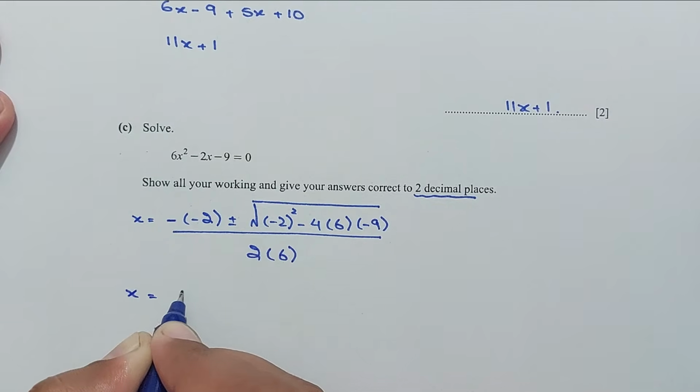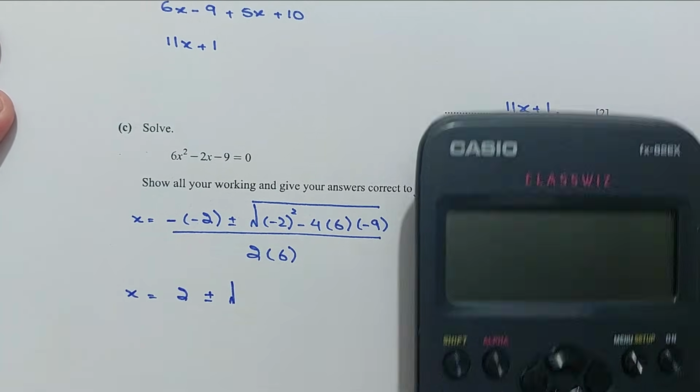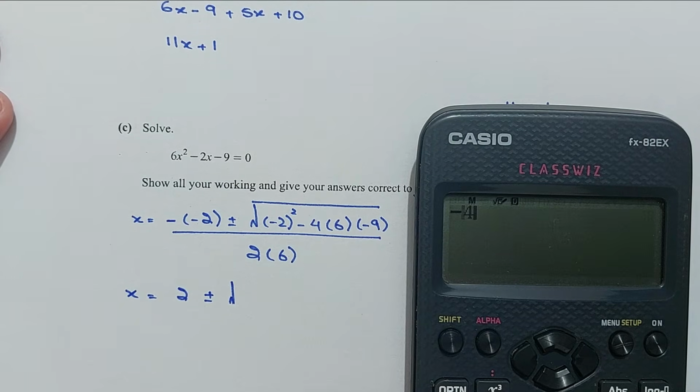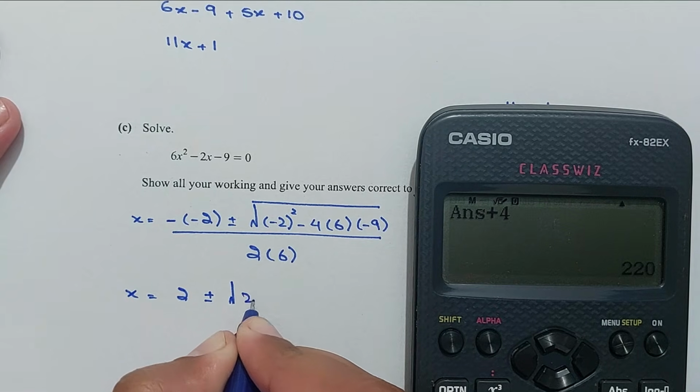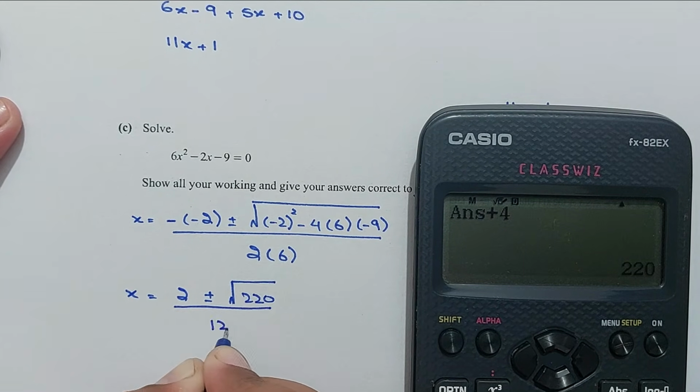So x equals 2 plus or minus the square root of minus 4 times 6 times minus 9, adding 2 squared which is 4, which is 220, and 2 times 6 is 12.